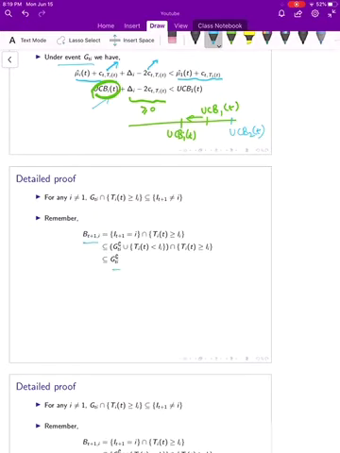So by definition, B_t+1,i is this part, and from here this part follows. And this is the straight set theory reason.